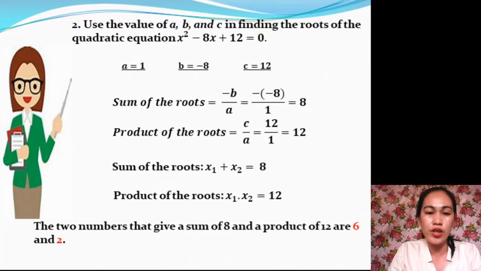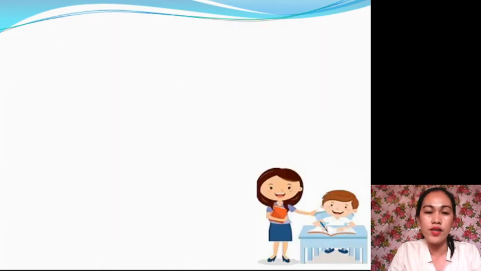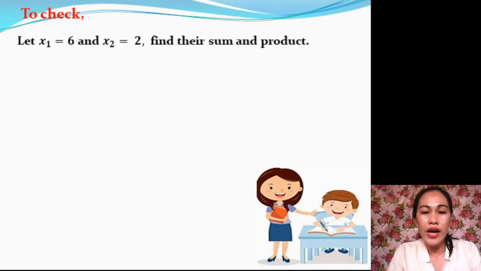Okay, so let's check if our answers are correct. Let x of 1 is equal to 6 and x of 2 is equal to 2. And find their sum and product. For the sum of the roots, we have x of 1 plus x of 2 is equal to 8. x of 1 is 6 and x of 2 is 2.